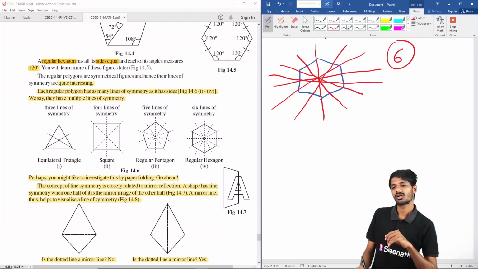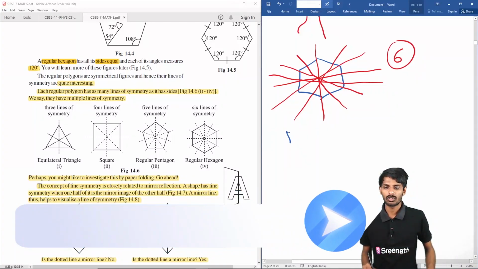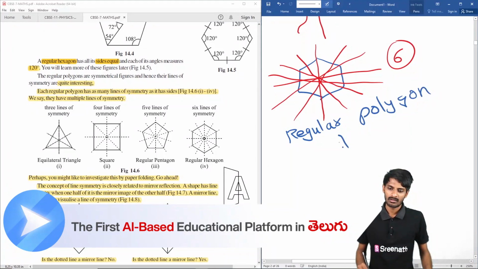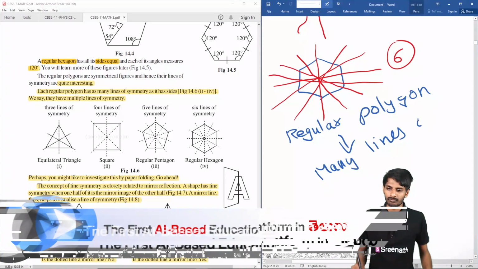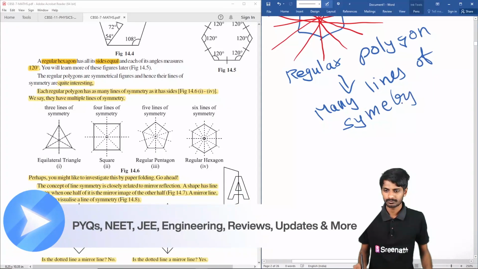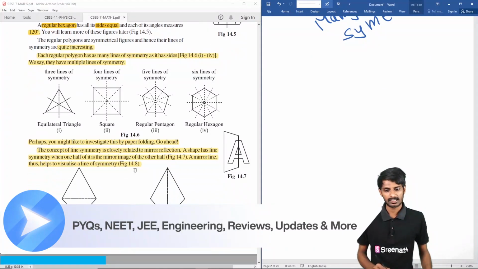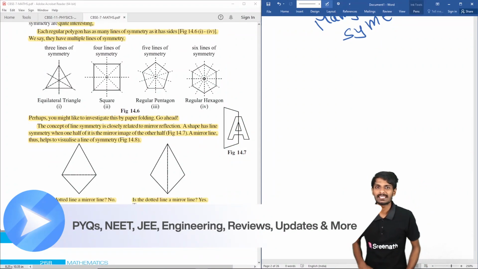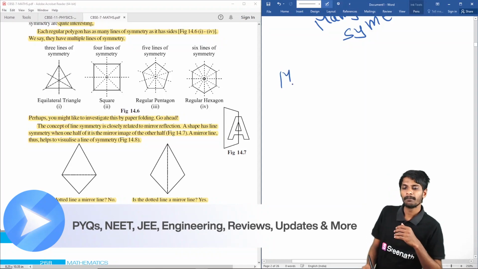So finally, what is our conclusion is a regular polygon will have many lines of symmetry. That is the case happening here. And here the concept of line symmetry came from the mirror reflection.